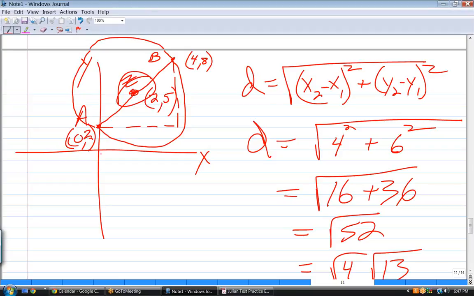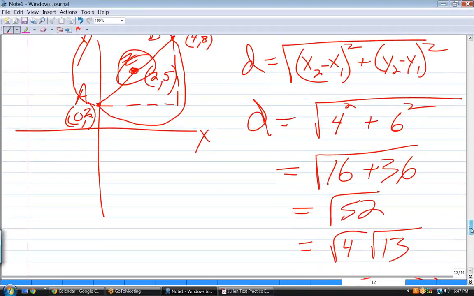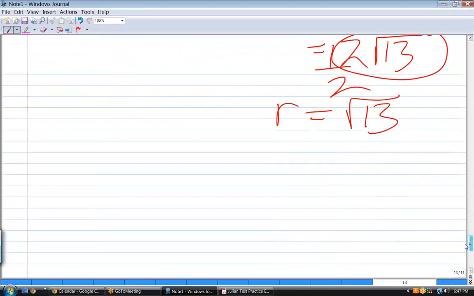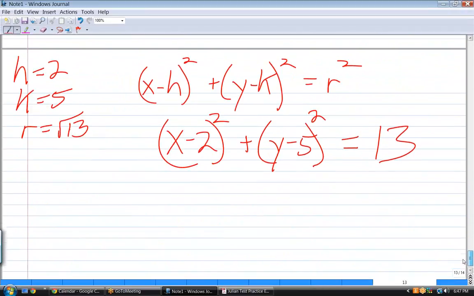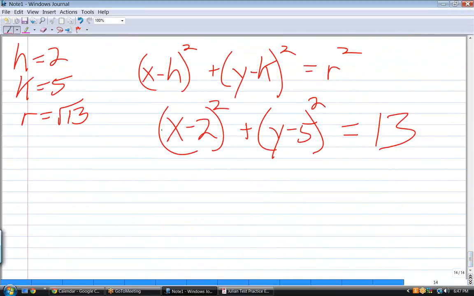Second thing we had to know is the distance formula to figure out how long this diameter is. Third thing, we had to know that radius was half the diameter. And fourth thing we had to know was the general formula for a circle.